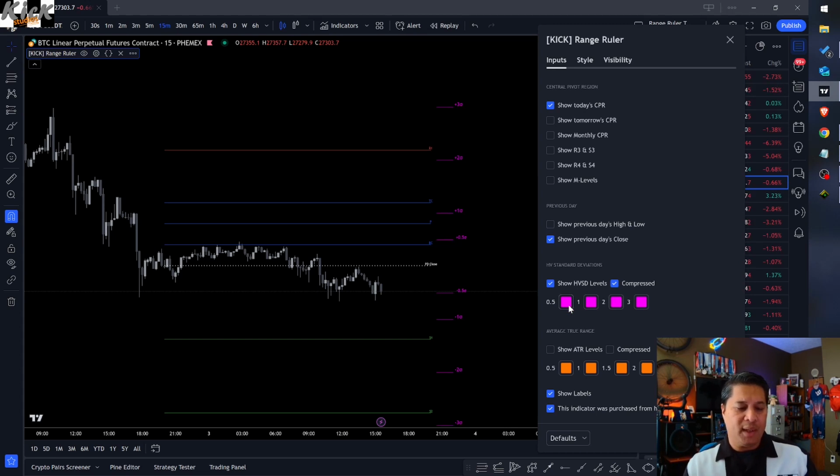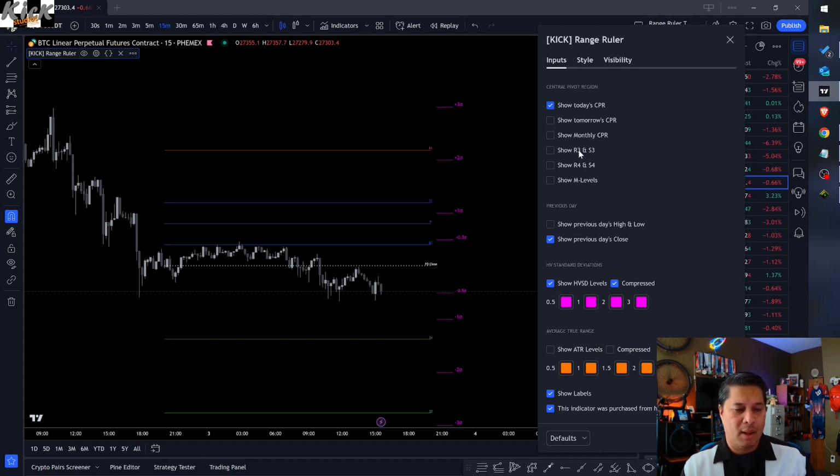Also for these, notice you can change their color. If you don't want all these to be pink, you can make this one red and this one green and yellow and orange, whatever. You can set these up however you want. Especially if you're going to use your standard deviations as your main tool, I would definitely set these as different colors and leave your CPRs off.